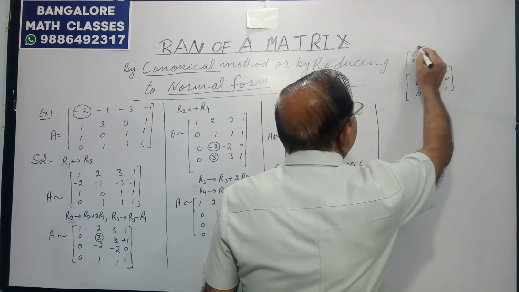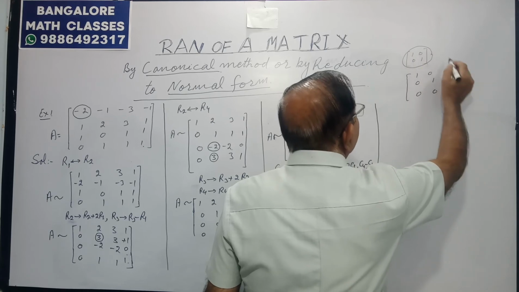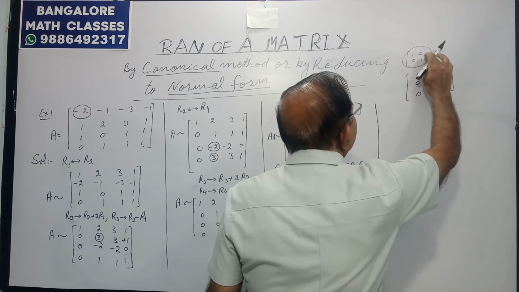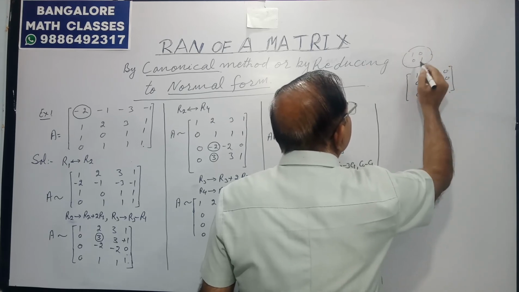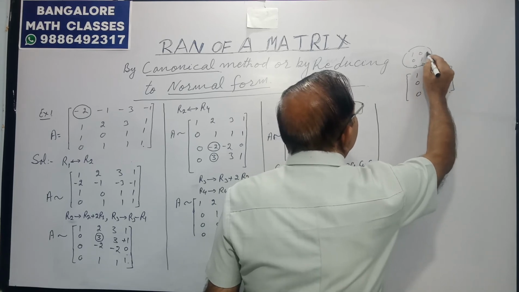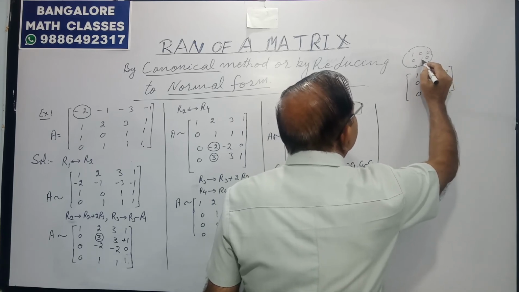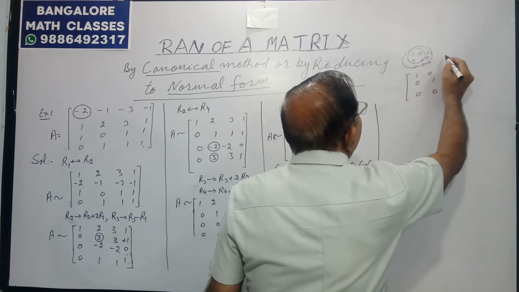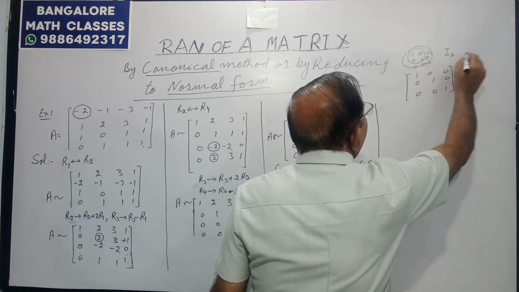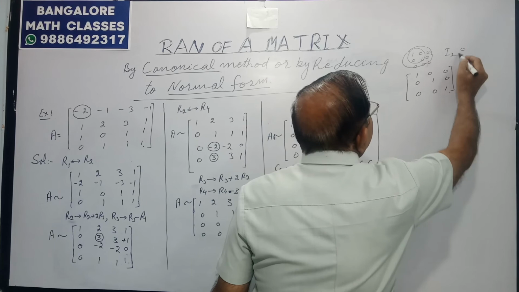Means we will get a matrix like that, extended with 0, 0. No need to put a bracket here. You will get something like that, which can be written as I2 and then 0, 0 is extended.